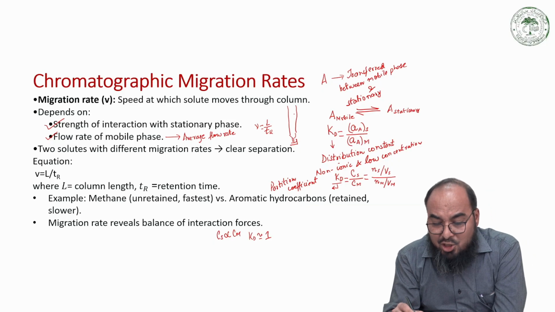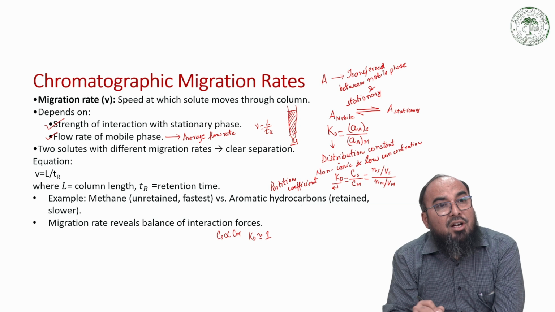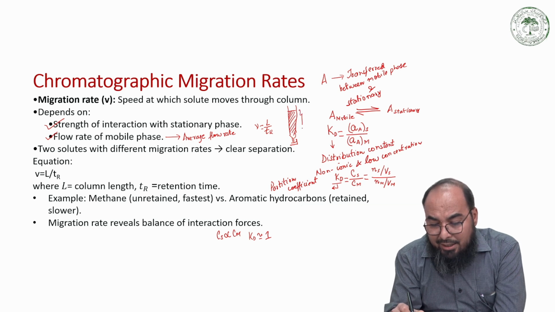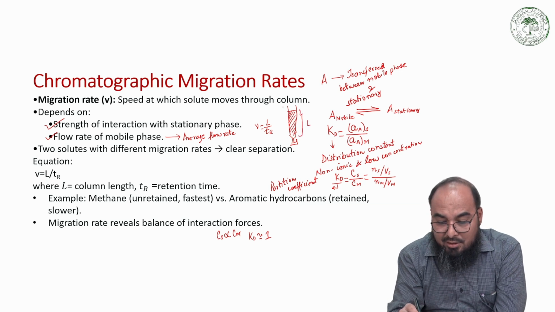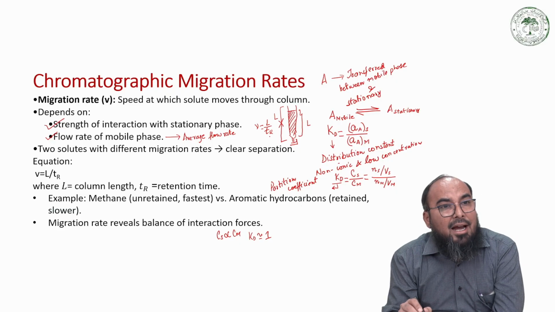Now this L is actually the packing height of the column. It is not the length of the column, it is the packing height. This is L. This is not L.